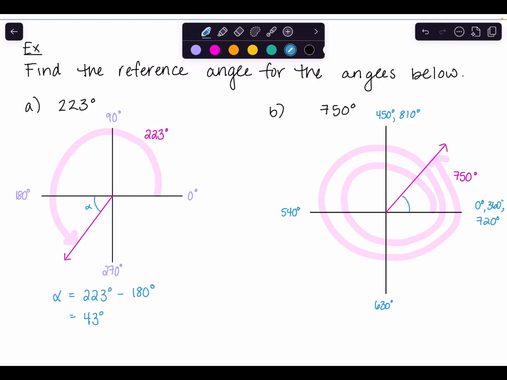Just going to draw it. Could be to scale, might not be. But my actual angle alpha is I started here, once around to 360, once around to 720, and then up to here. So that is my 750 degree angle. What I need though is just the small acute angle here, alpha, okay?